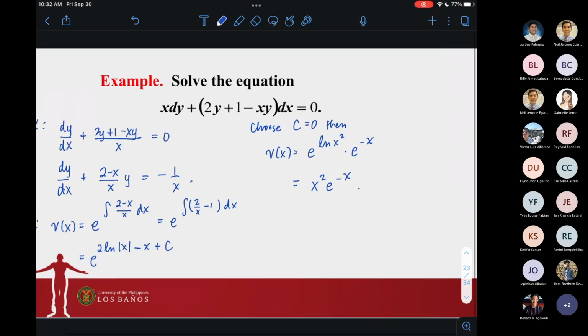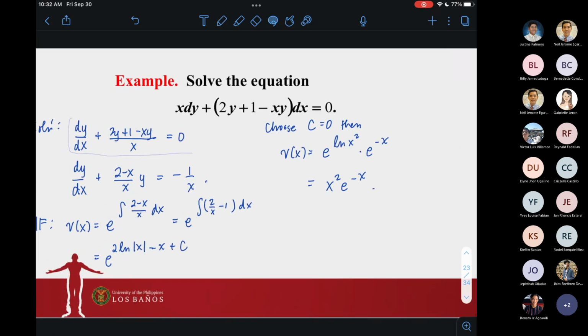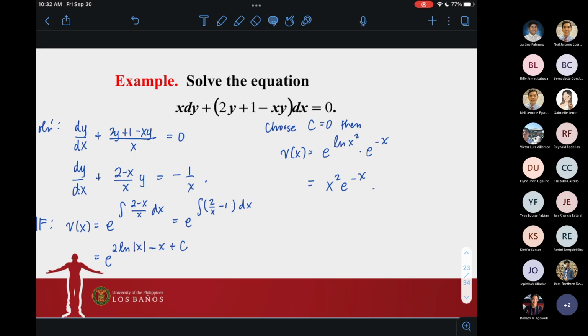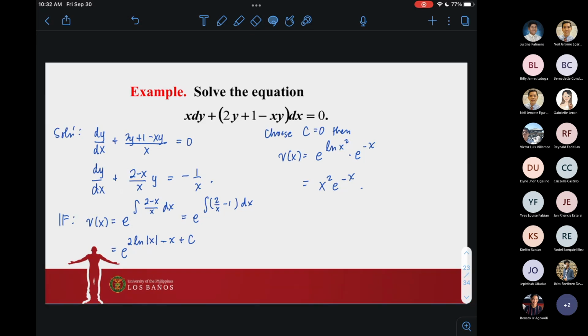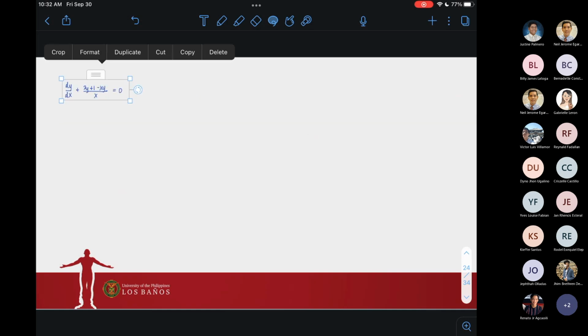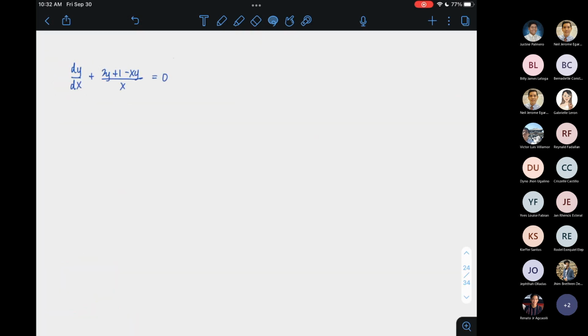Tapos gagawin ko na sa next page yung pag-multiply doon sa buong ODE. Okay? So this is our integrating factor. Tandaan ko lang x squared e to the minus x. Okay, so we multiply both sides of our equation by the integrating factor.